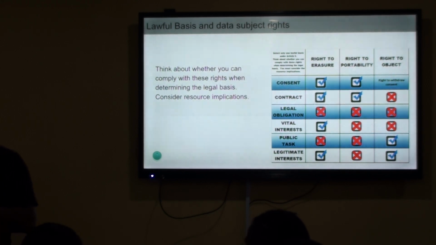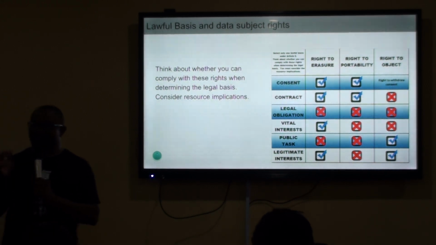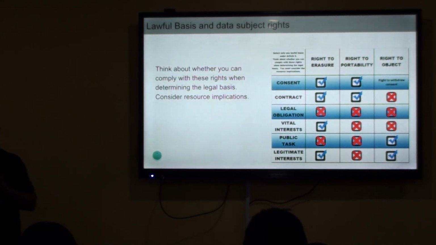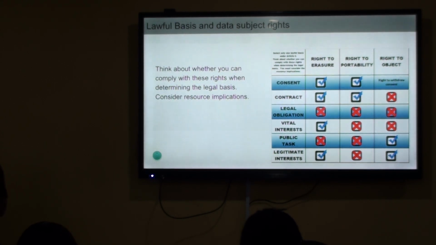Okay, it depends on what information you're talking about. If you're talking about the statistics from your research, I don't think it can be used to re-identify the individual, right? If you're talking about anonymous statistics, that means the law doesn't even apply to it. It's anonymous statistics, right? So you can simply pass that on.